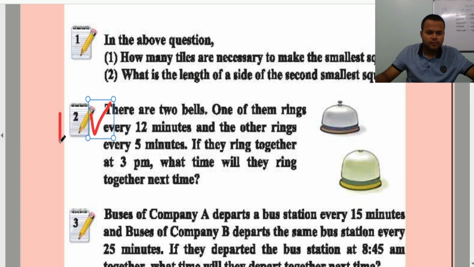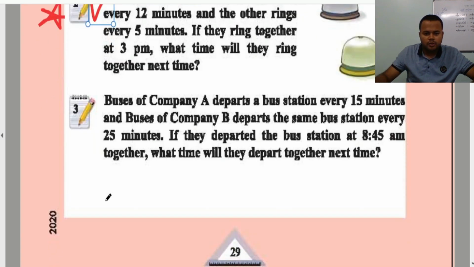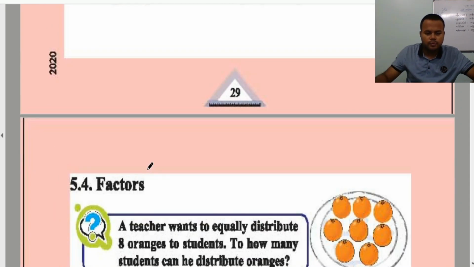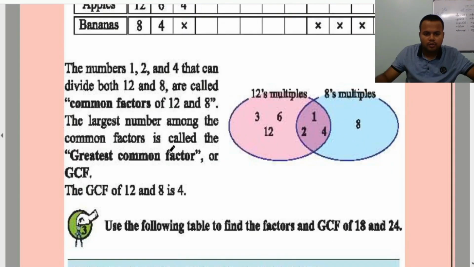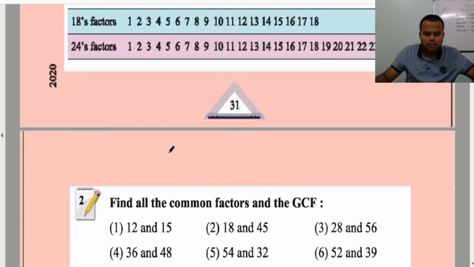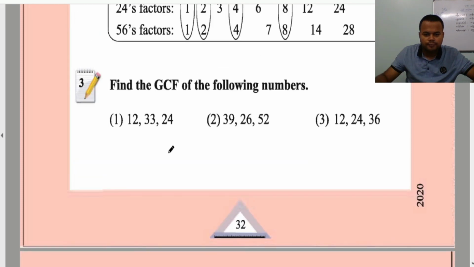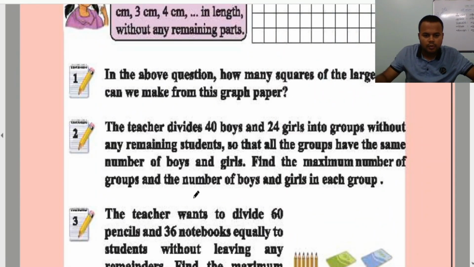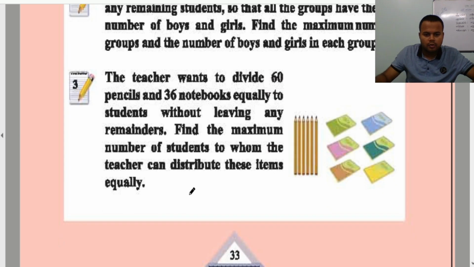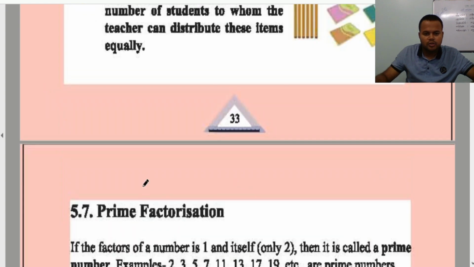This one is one of the most important problems, and also this one. So try to complete this. Okay, now here for short question number 2, number 3. Number 3, this one is also important.